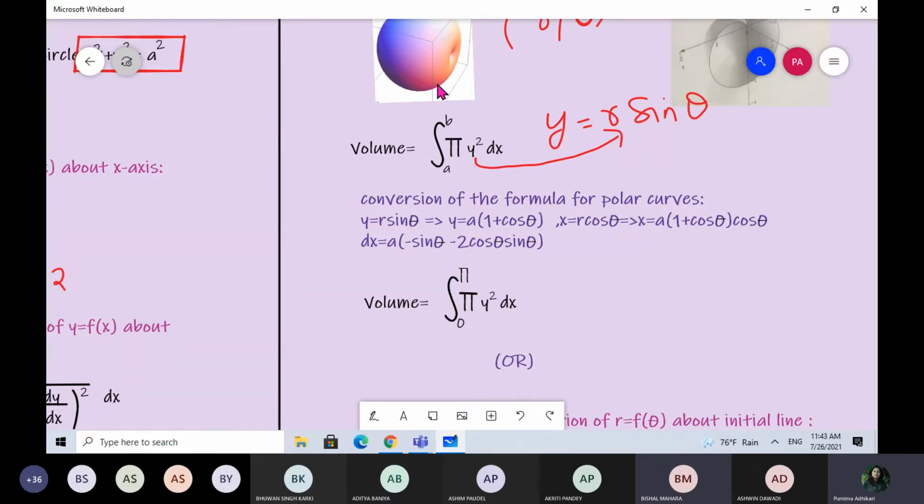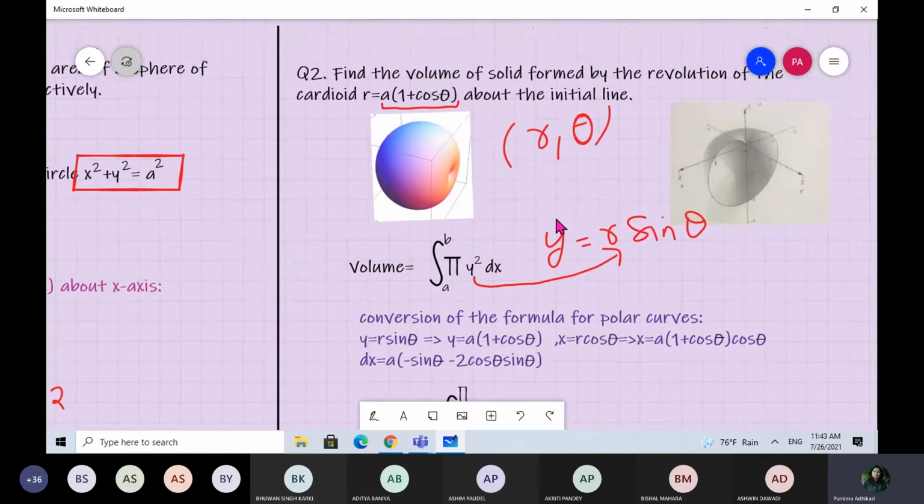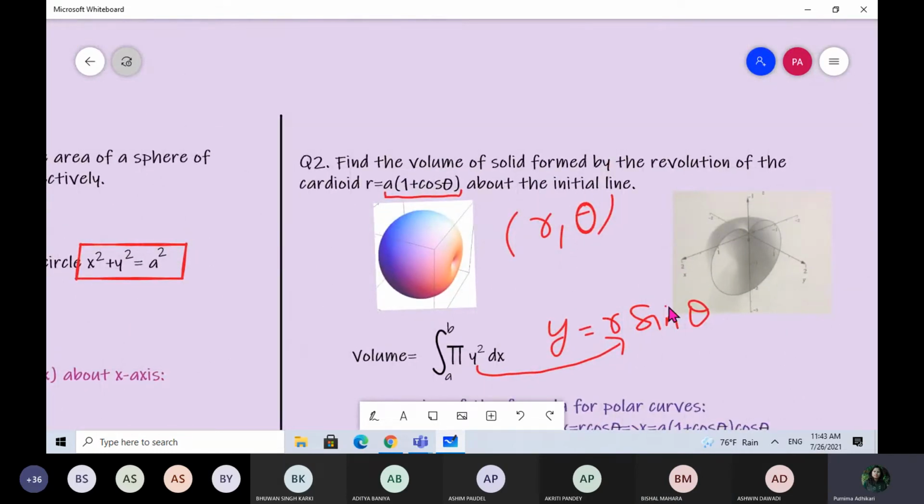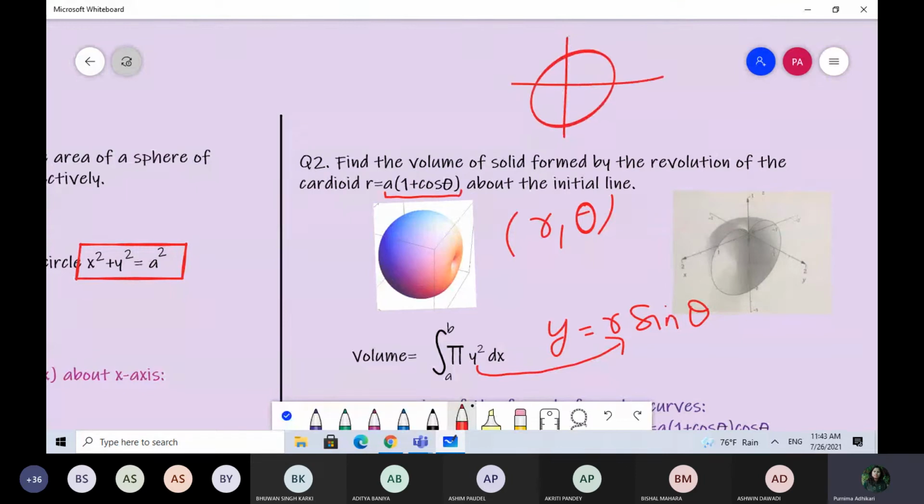Yes, of course, no half multiplication. With 0 to pi limits of integration, you get the whole solid surface, because 0 to pi is the upper portion of the curve. So when you rotate it you will get the whole of this apple. So no need of multiplication here.